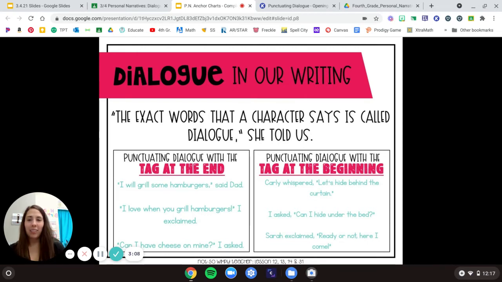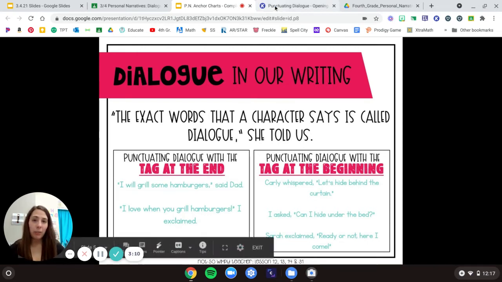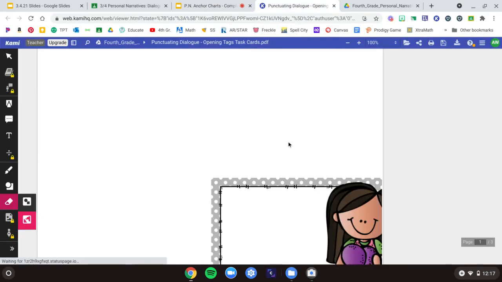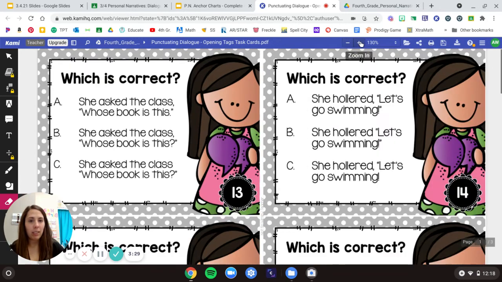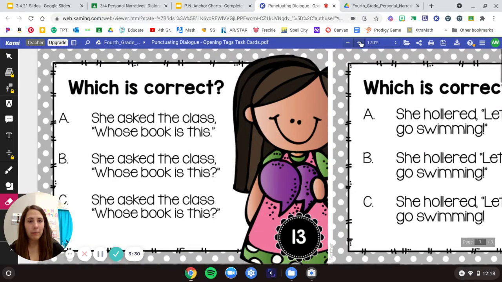Great. All right. The next thing we're going to do is we're going to use the task cards attached to your Google Classroom assignment. Now, if you're printing these out, great. You can see them. Take your time. If you're going to use them on the computer, I would recommend zooming in when you open it.